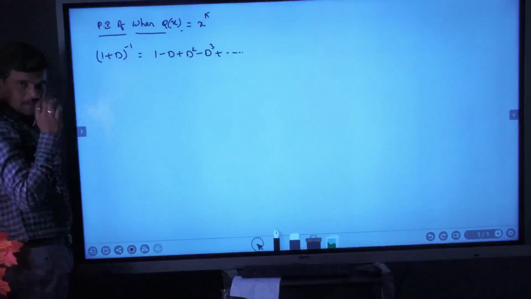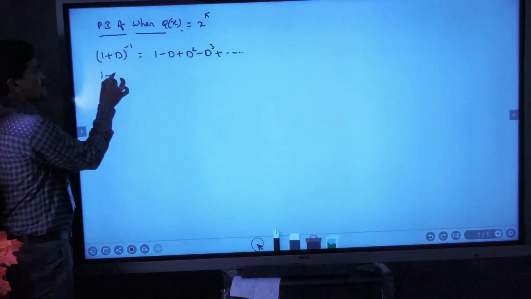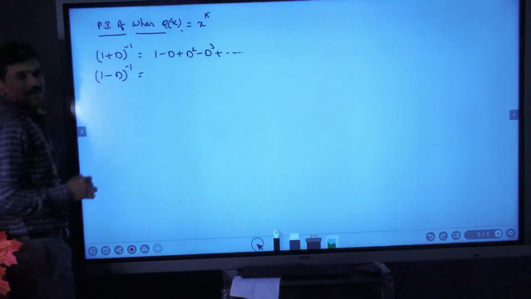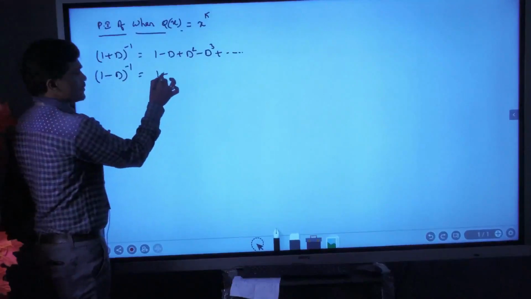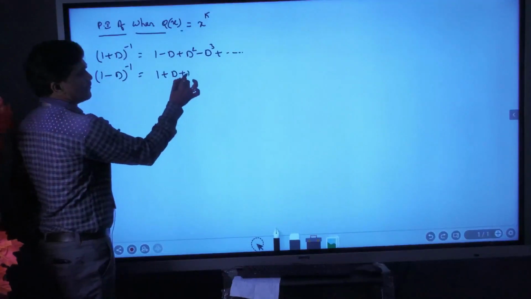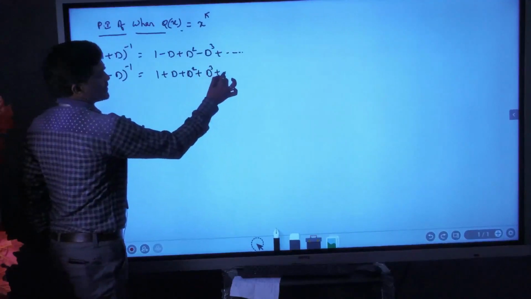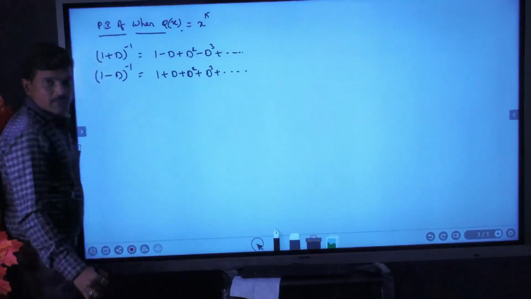This is for 1 plus d inverse. Next 1 minus d inverse. So what is 1 minus d inverse? So 1 plus d plus d square plus d cube plus and so on, right?